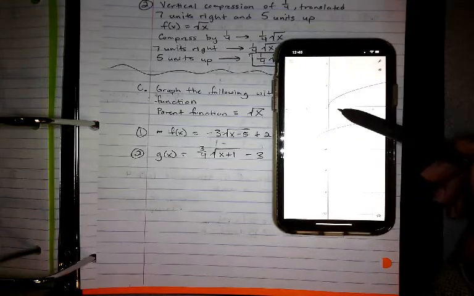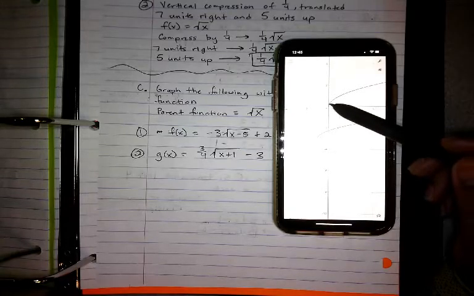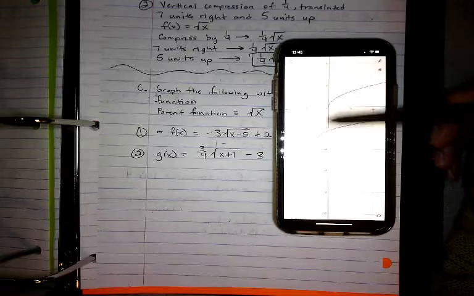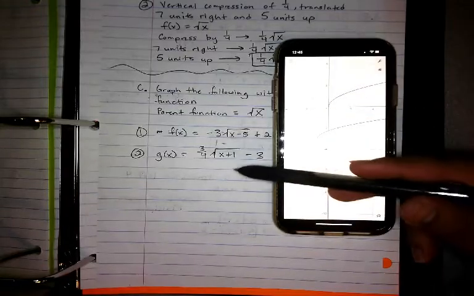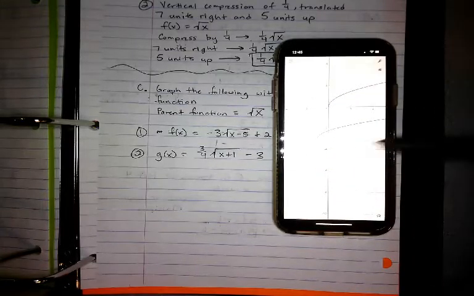I had x plus 1, so it went over 1 unit, 0 to negative 2, and between that is 1. So even though it says plus 1, it went over to the left 1. Inside is always opposite.